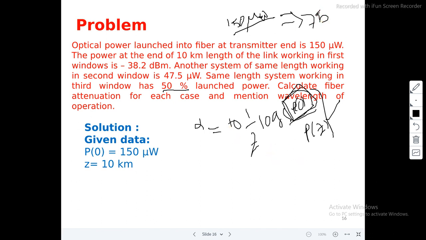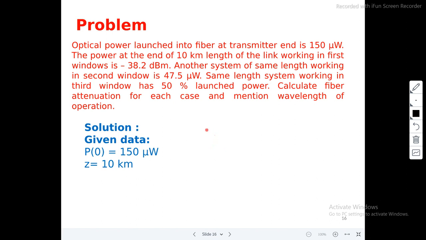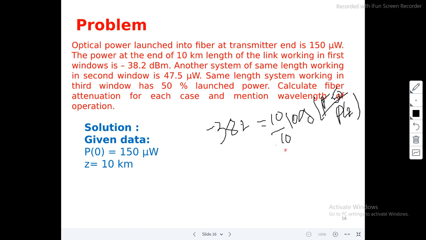So given values you can substitute. The alpha value is minus 38.2, that is equal to 10 into logarithmic of P of 0 by P of Z, where P of 0 is given as 150 microwatts.